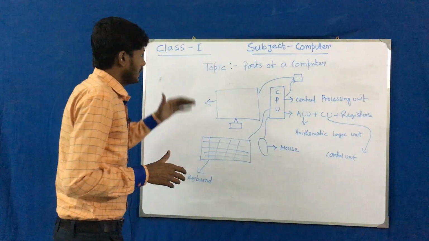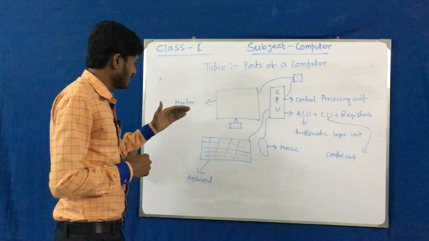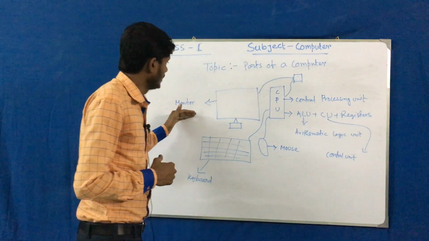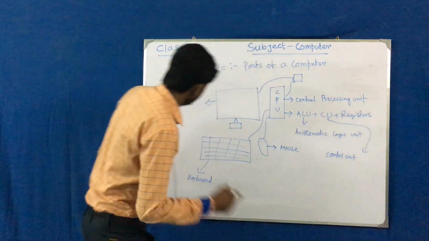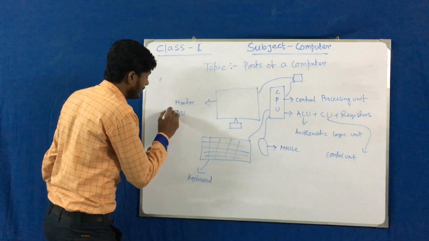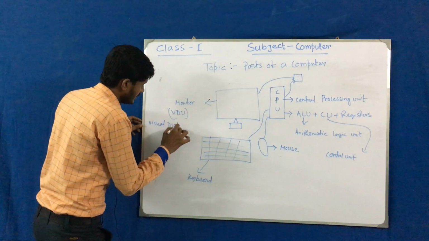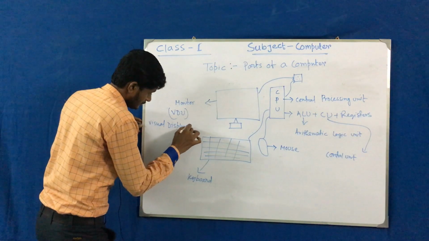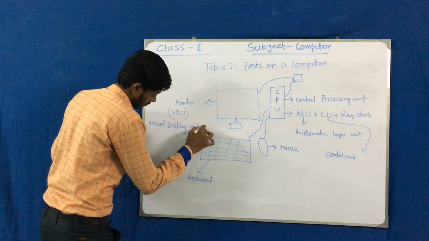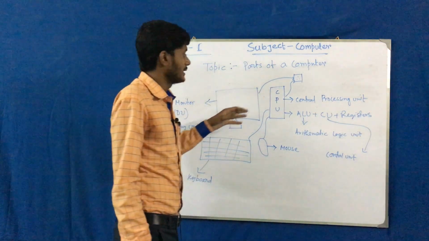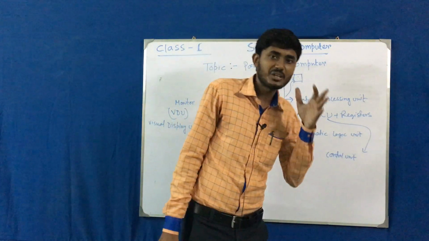So the parts of a computer are, the first part is monitor. It is also called VDU. VDU means visual display unit. And the next one is CPU. CPU refers to central processing unit.